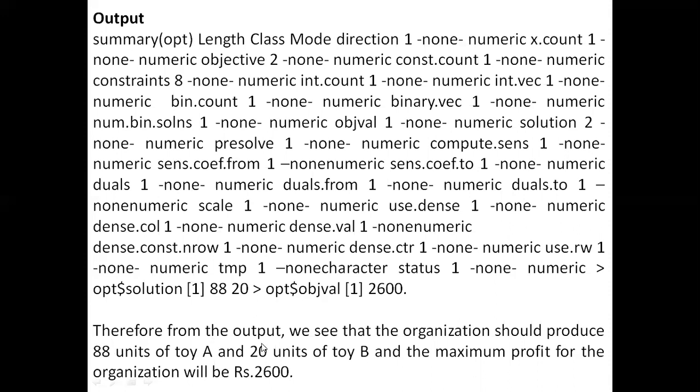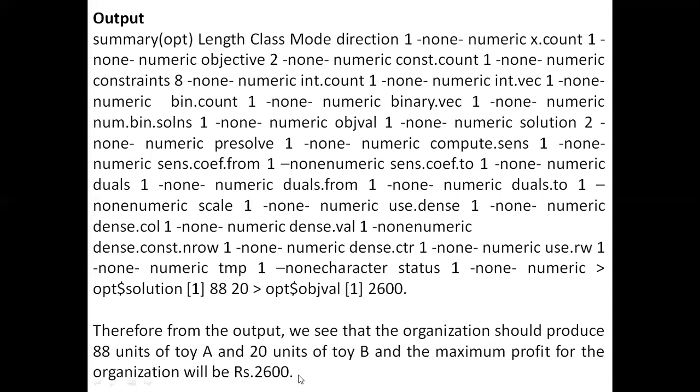Therefore, you can organize that 88 units of toy A and 20 units of toy B should be produced, out of 1200. The maximum profit for the organization upon both A and B will be rupees 2600.